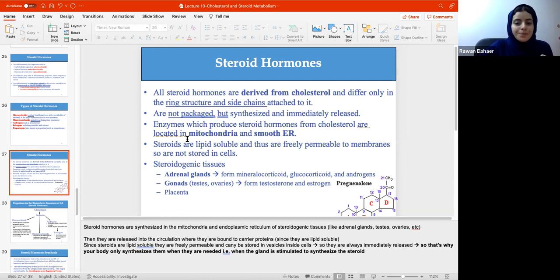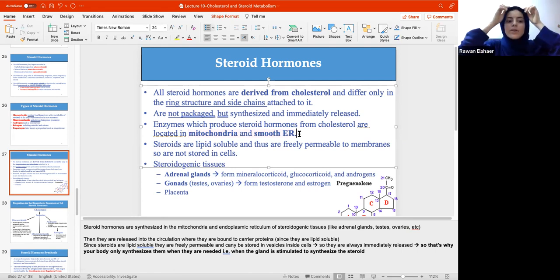And where exactly are these synthesized? In the mitochondria and smooth endoplasmic reticulum. If you remember cholesterol, do you remember in what organelle it is synthesized? It can be synthesized in the liver, but also in other tissues like the adrenal cortex.